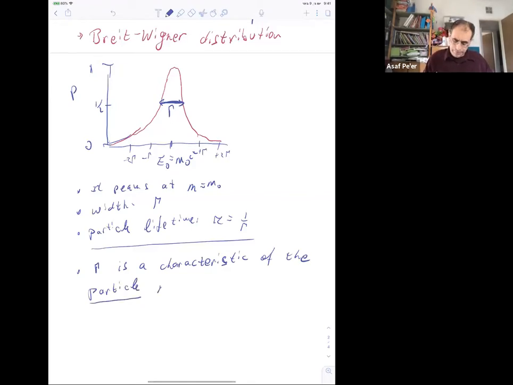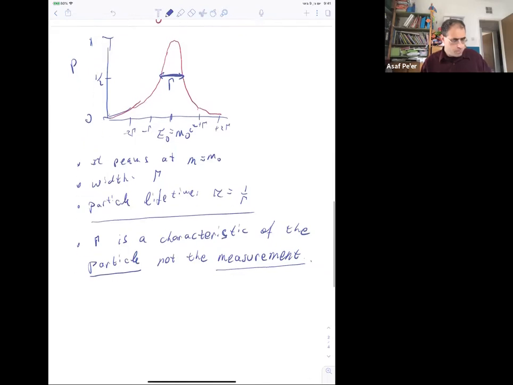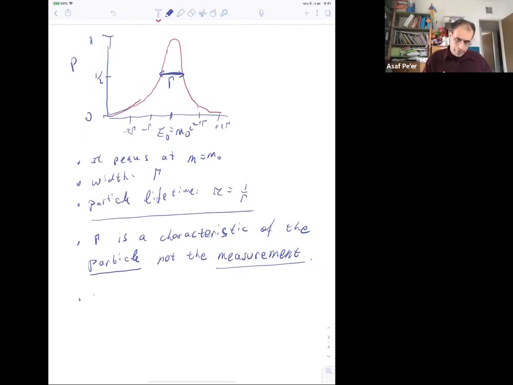So for stable particles, there is no width. That I already showed in class.